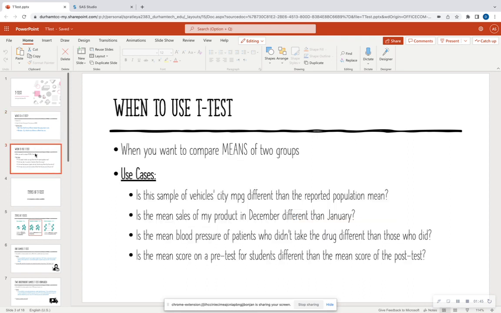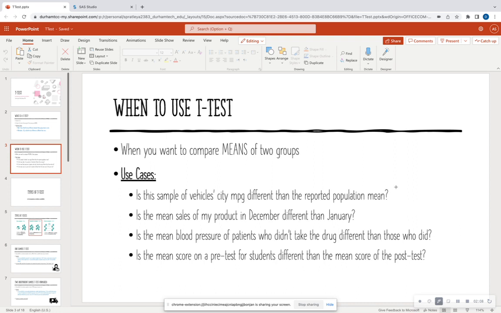All right. So, when do we actually use this test? As I mentioned, it's when you want to compare the means of two groups. We have some lovely use cases here that we can talk about. Say, for instance, you want to see if a sample of a vehicle's city miles per gallon is different than the population mean.